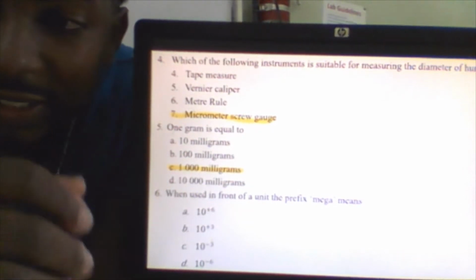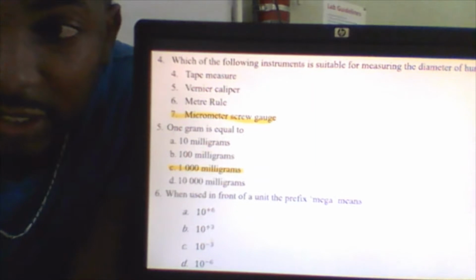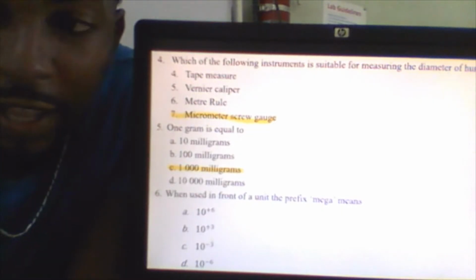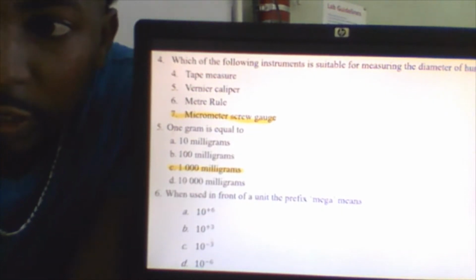To go from a larger unit, which is gram, to a smaller unit, milligram, you multiply by 1000. So it becomes 1000 milligrams.